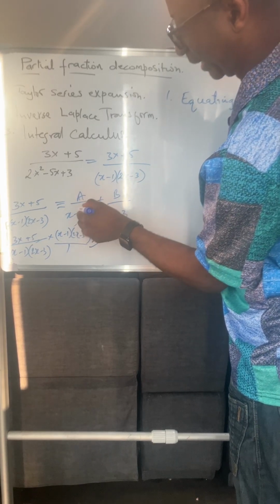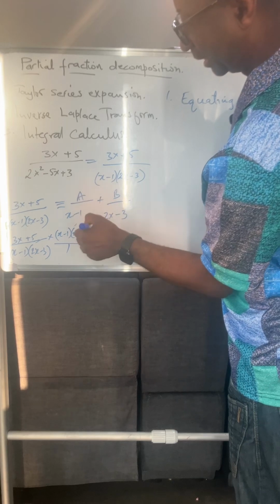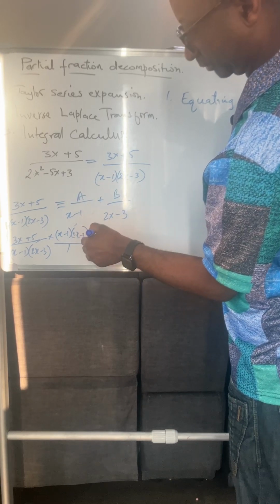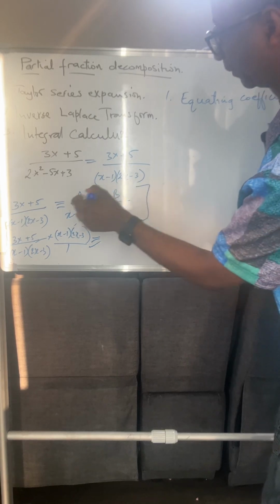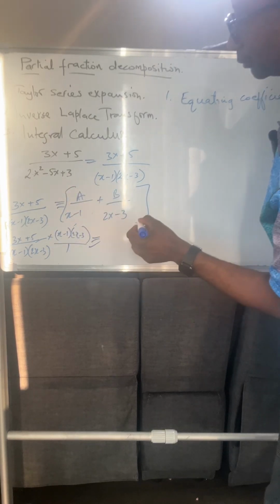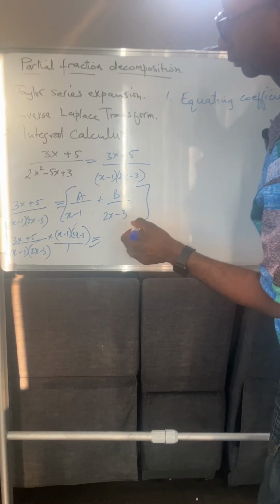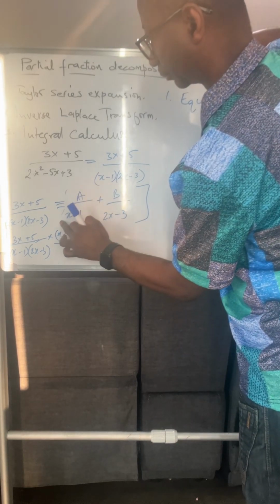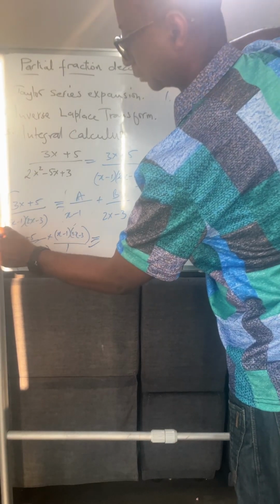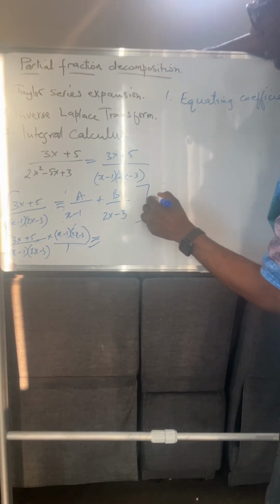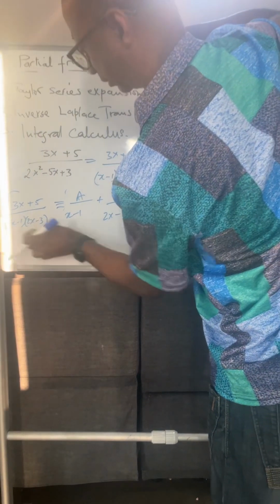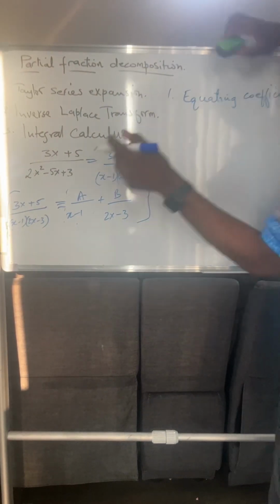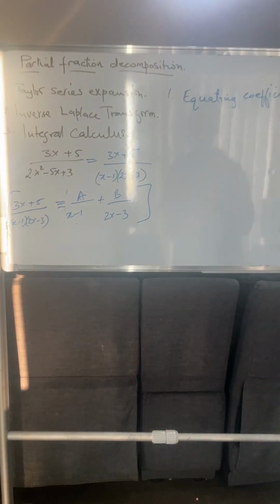So what will remain here is just A times 2x minus 3. We are also multiplying everything here, I'll make it simple here, we are multiplying everything there with this line.